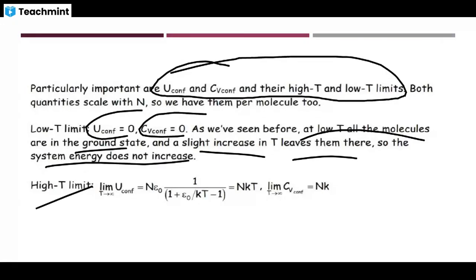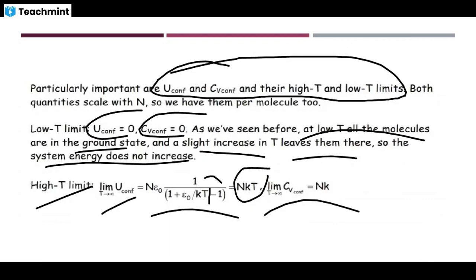At the high temperature limit, when the temperature becomes high, the higher terms become negligible, so you can put nkT. If you do the mathematics, you know that. Then Cv is nothing but nk.